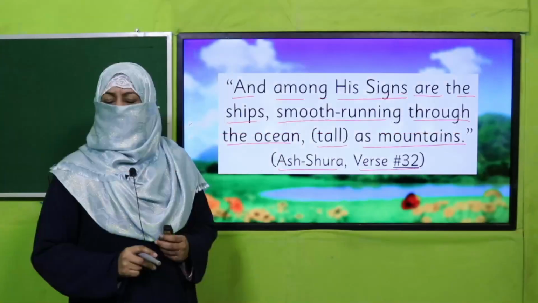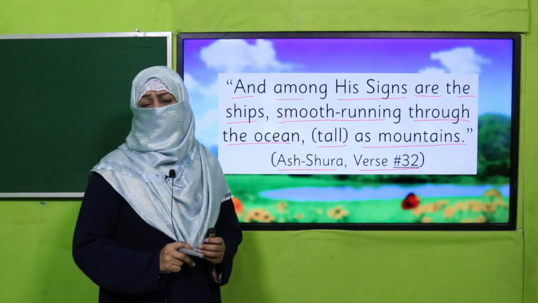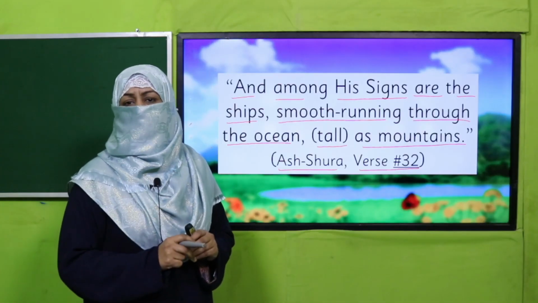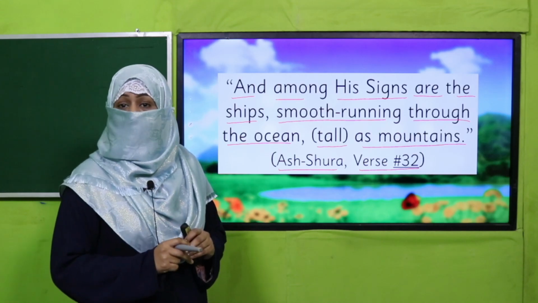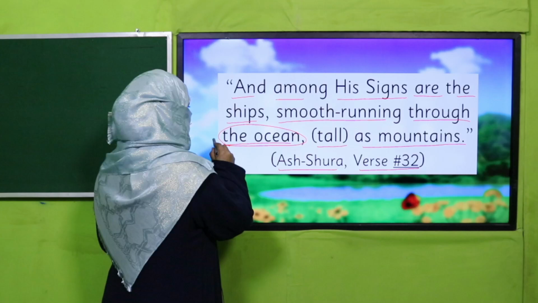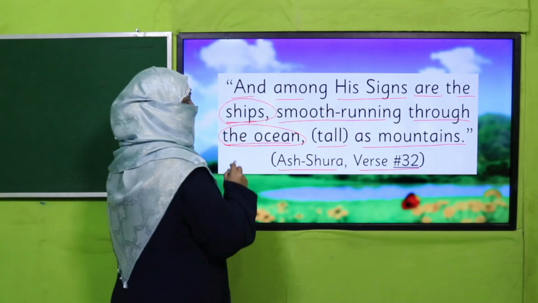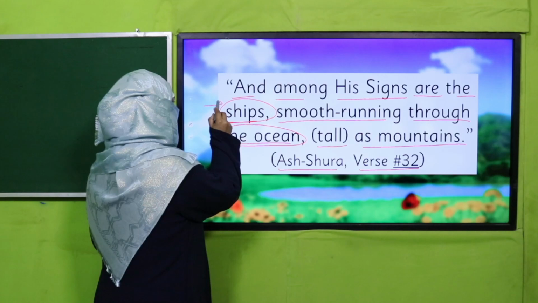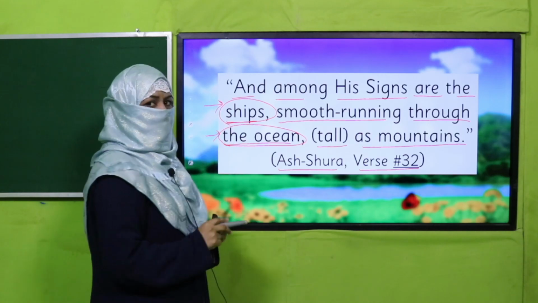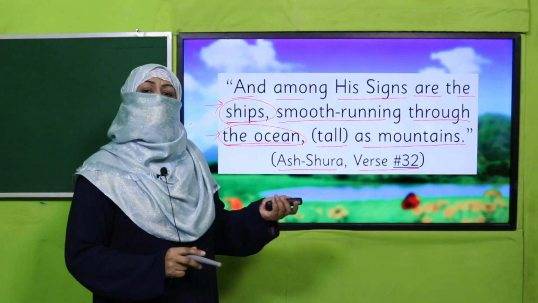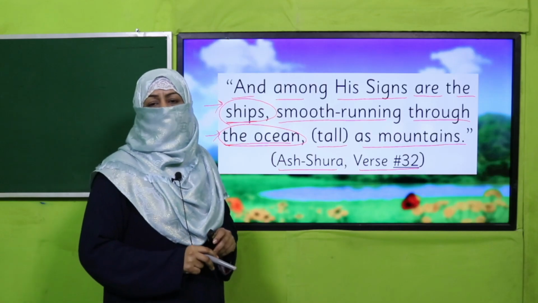This beautiful verse in fact tells us everything around us is a sign of Allah subhanahu wa ta'ala, a sign of the Creator. And who created the ocean? Allah subhanahu wa ta'ala. Ships are mentioned in the Quran. So we can count ships and we cannot count the ocean. The quantity of water in the ocean we don't know. So this is the concept we are going to recall today.